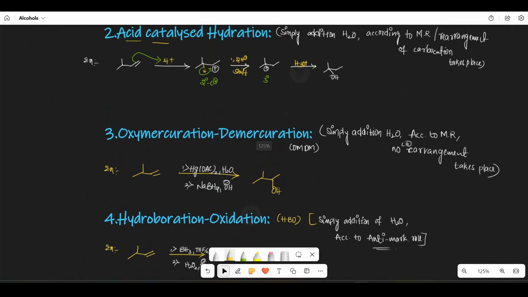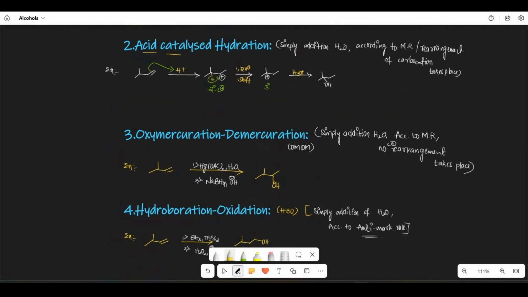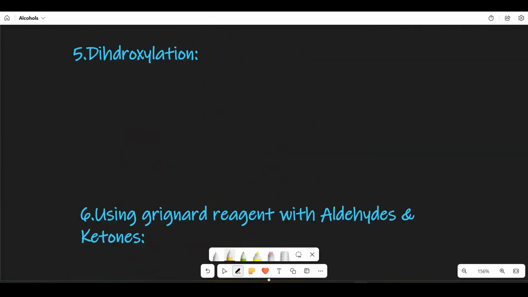Even though we have already discussed these in hydrocarbons, we can also prepare alcohols by dihydroxylation. Let's take one example.